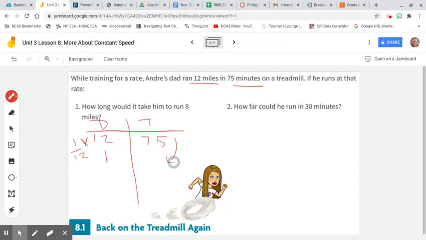So to go from the 75, we're going to multiply by 1/12. It's handy to have a calculator with you. You take 75 times 1, which is 1, and divide that by 12, and you get 6.25.